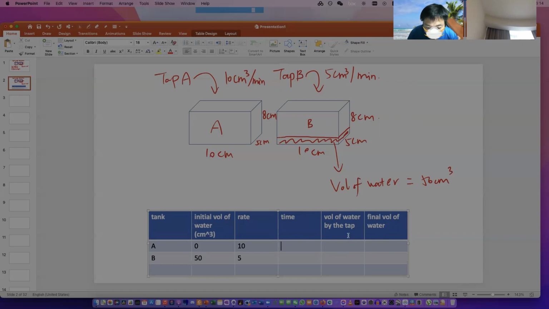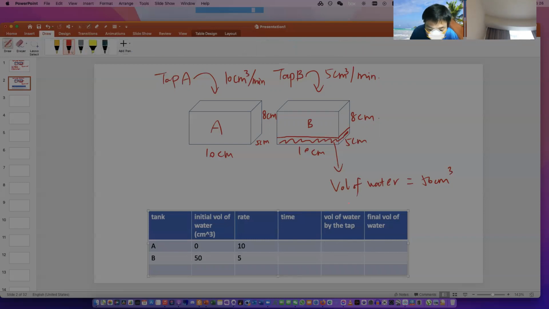Can I ask you a question? Why do I need to differentiate the volume of water by the tap and the final volume of water? So why do I need to split these two? Any idea? Because the initial is different. Correct.